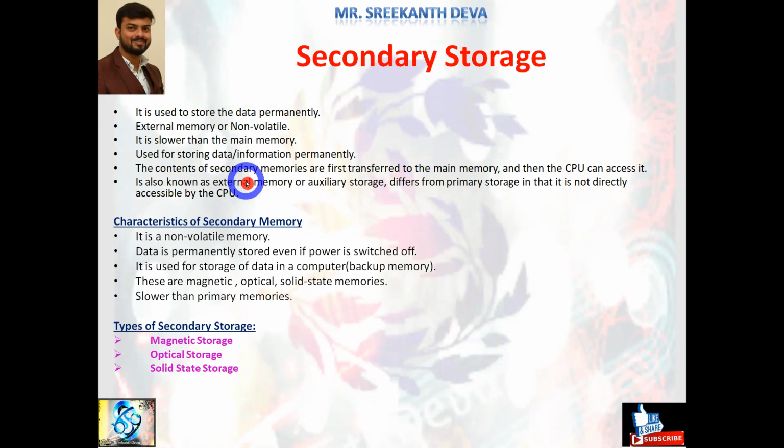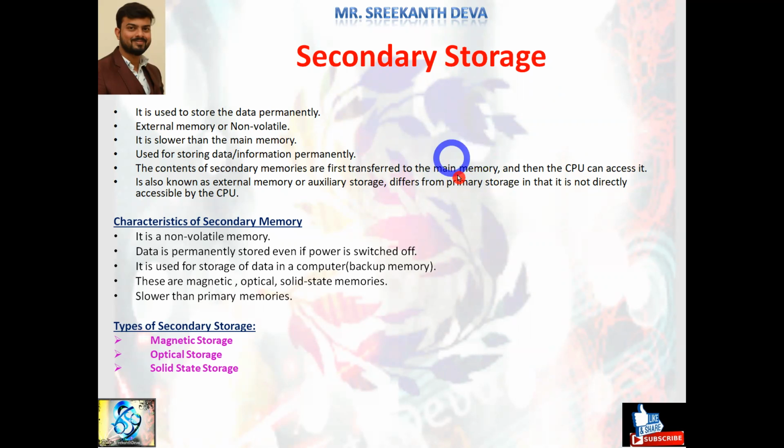The contents of secondary memories are first transferred to the main memory and then the CPU can access them. Always remember, even though we are storing the data in secondary storage devices, the CPU cannot access them directly because of the more access time; performance is going to be degraded. Due to that reason, the instructions are again loaded into main memory, called primary memory.